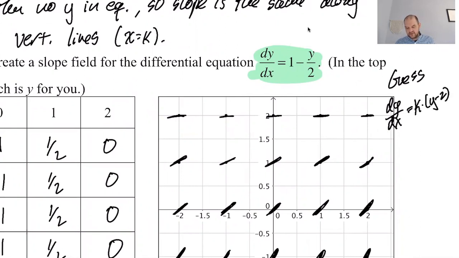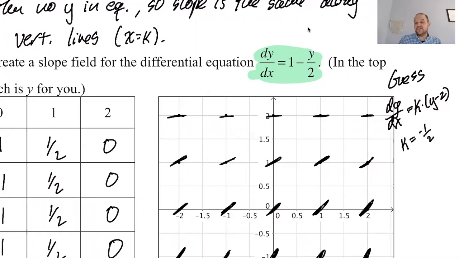If you look at the differential equation, it would appear that the constant is negative 1/2. Because if the constant is negative 1/2, I actually get what I was expecting. So you can try to guess the differential equation. Sometimes you're going to be wrong. Sometimes you need to modify it a little bit. But looking for 0 slopes seems like a really good way to come up with these equations.